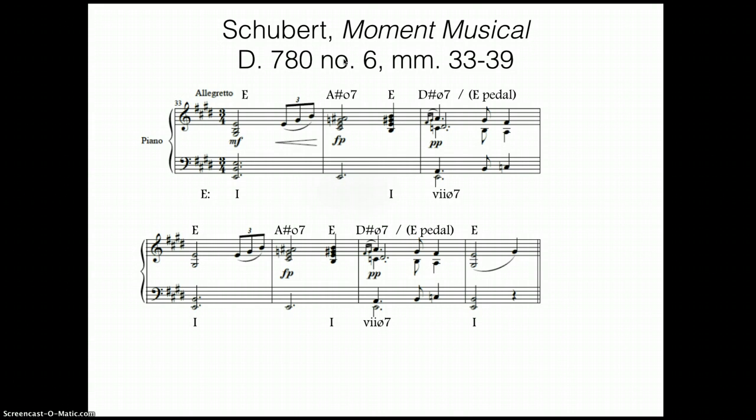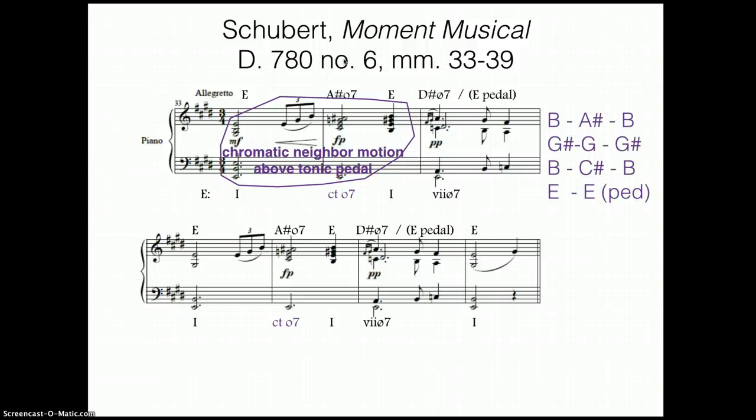Let's try again. Could this be a common tone diminished 7th chord? Let's take a look at the voice leading here and see if we can confirm. Remember, we're looking for chromatic neighbor motion above a tonic pedal. And over in the margin, you can write your voice leading if you want. In the bass, we have E, E, E. That's our pedal tone, right where we expected it in the bass voice.